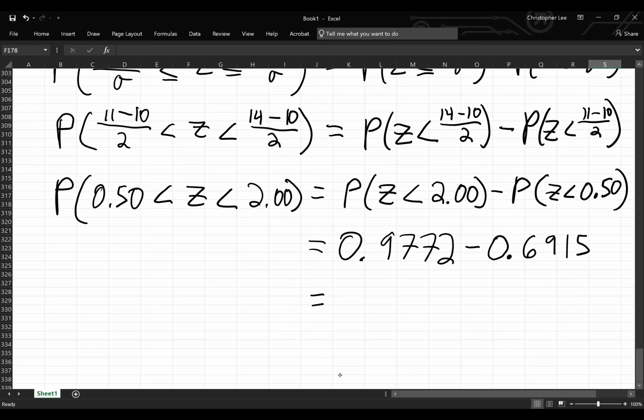All I did was I converted the X's to Z's, and then did the same thing we were doing before. That's how you got that? Because 11 minus 10 is like 1, right? And then 1 divided by 2 is like 0.5. So yeah. It probably is.